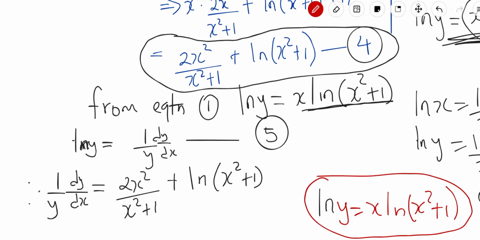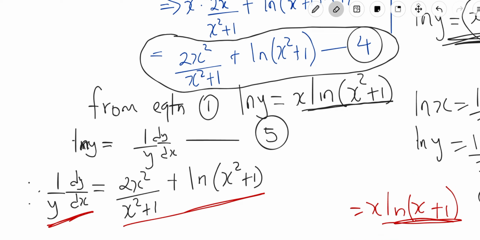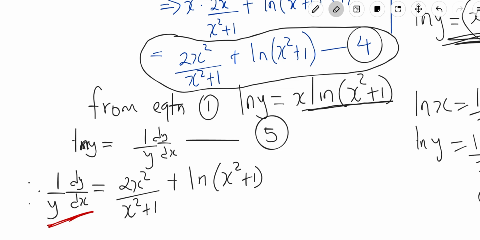By differentiating it, the left hand side is this, and the right hand side is this. So both of them have to be equated. That's just what I'm doing there.